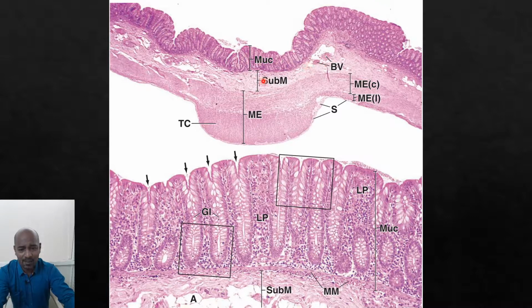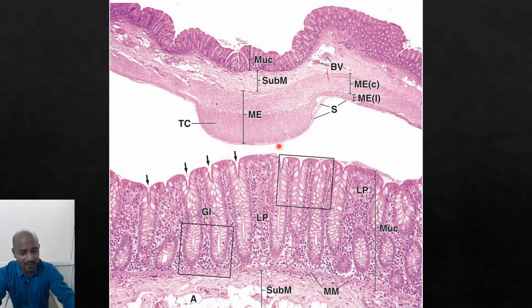Submucosa contains blood vessels and the nerve cells. But what you can notice here is in the muscularis externa, there is a thick concentration of outer longitudinal muscle fibers forming the taenia coli.